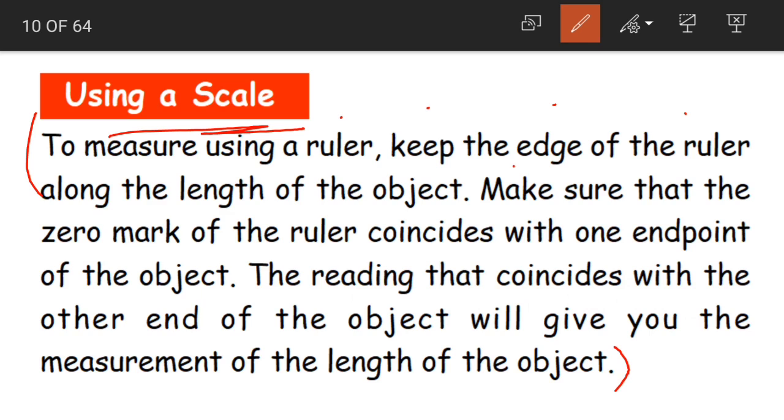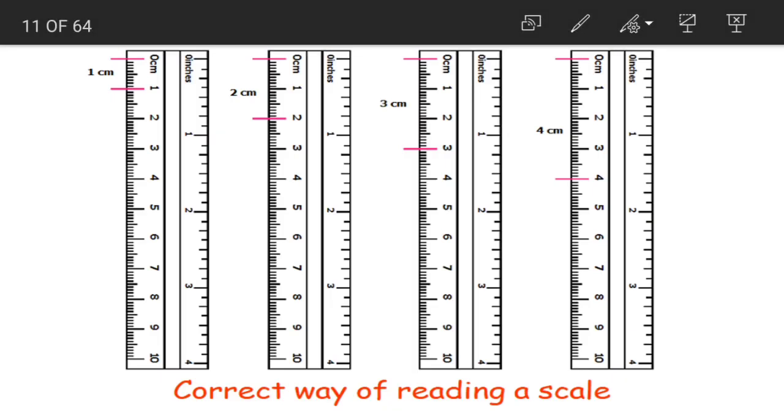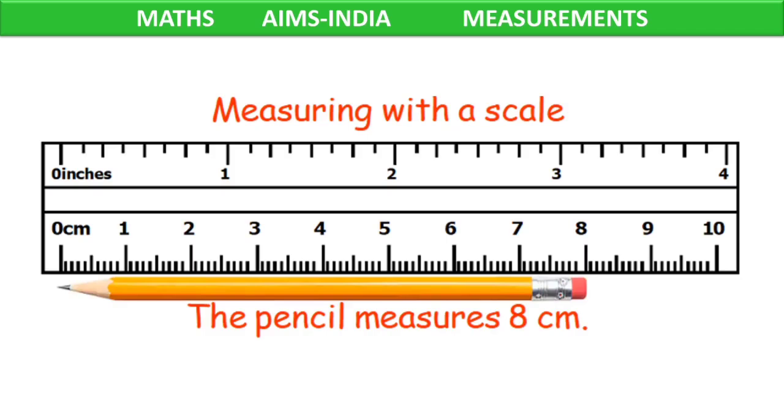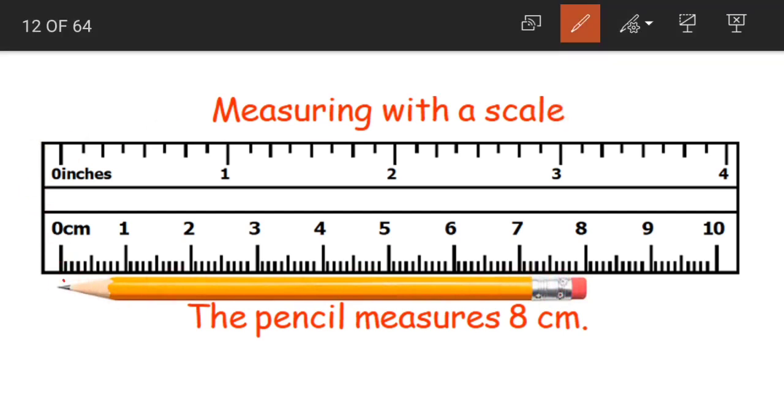Now what should we do? Keep the edge of the ruler along the length of the object. For example, if you want to measure the length of this pencil using the scale, we have to place our pencil along the edge. This is our edge of the scale, children. Understood?